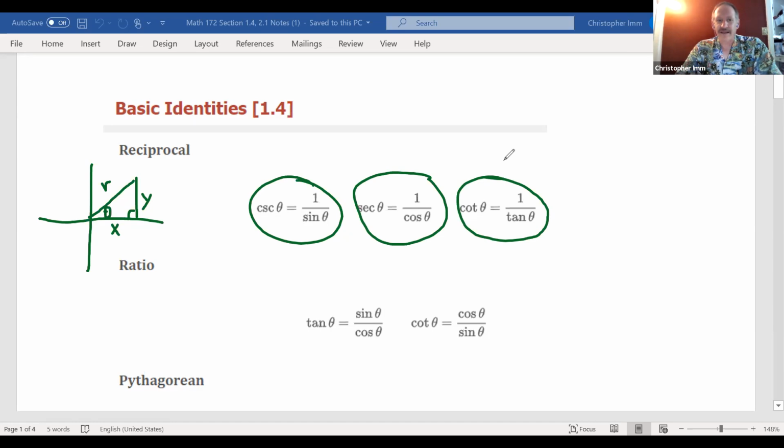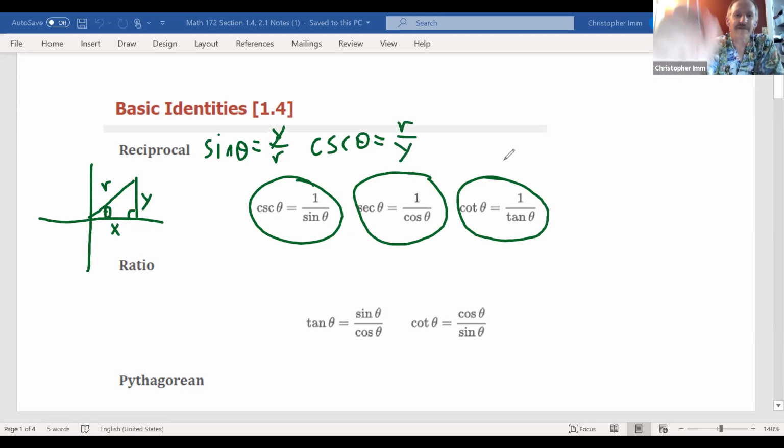Those are defined that way just because of the definitions of the trig functions. For instance, sine of theta is y over r, but cosecant theta is defined to be r over y. So if I take the reciprocal of either one, I get the other one.